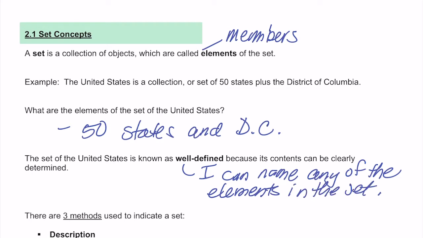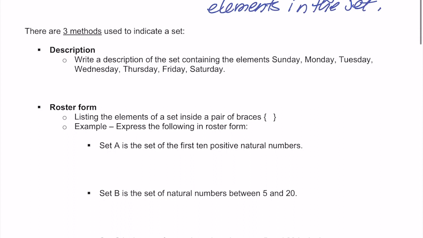As opposed to a not well-defined set, which would be, best series of shows on Netflix, because the word best can be interpreted differently by different people. There's three methods that we use to indicate a set. So we can describe a set, we can write a set in roster form, or you can use what's called set builder notation. So I'm going to touch on each of these briefly.